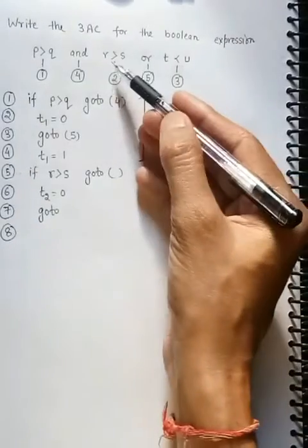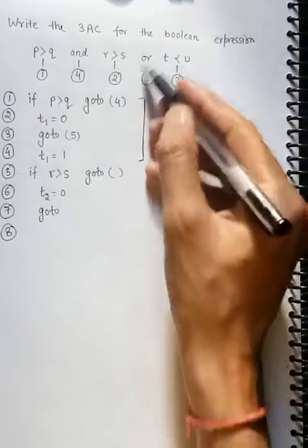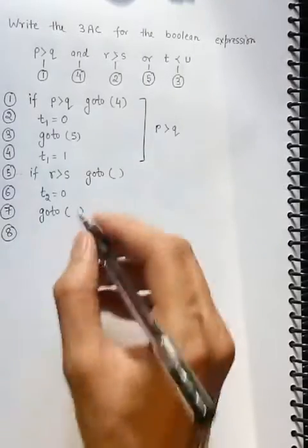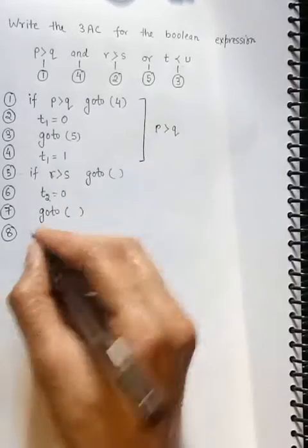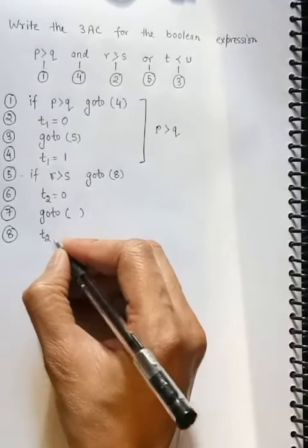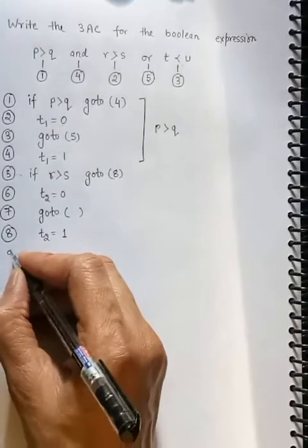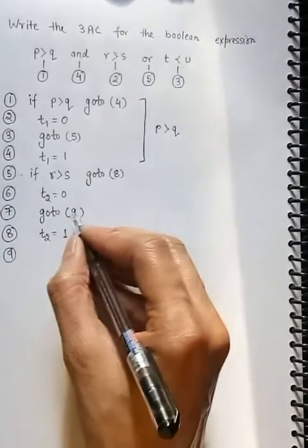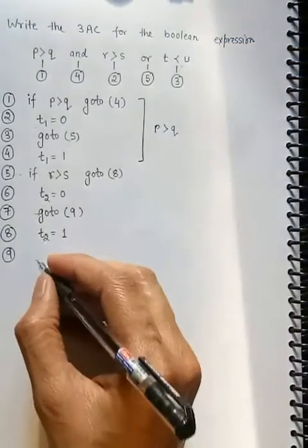So similarly, after evaluating r greater than s and storing its value t2 equals 0, our control moves here to t less than u. Okay, so we will follow the same system. And if r greater than s is true, then our go to level moves here, because in this statement I am going to assign a value 1 to temporary variable t2, and in the ninth step we will assign a ninth level here, because our control moves here, and we are going to evaluate another expression, t less than u.